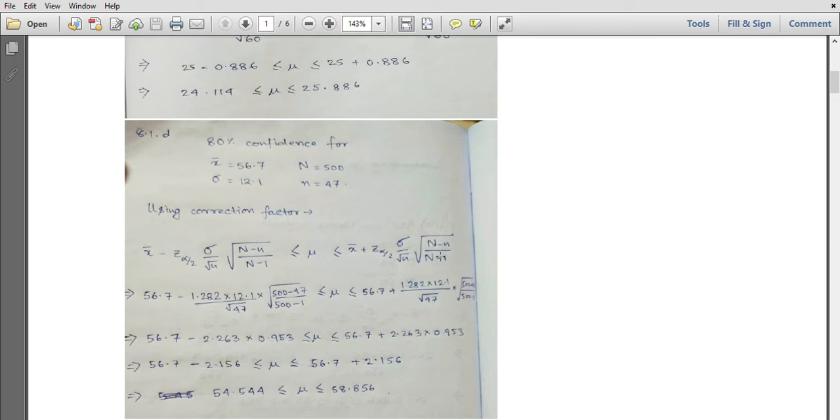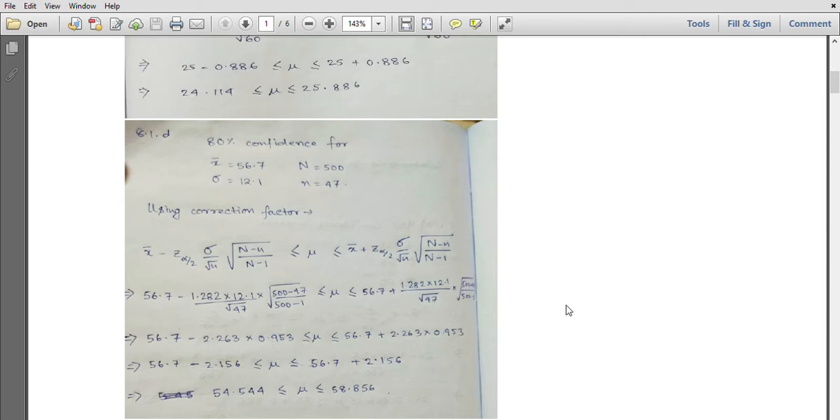Now we are just imputing all these values, and as you can see, we have taken the value of z as 1.282. One thing to remember here is that sometimes the z table is not given. It can be the case when very popular or commonly used confidence intervals are given to you.